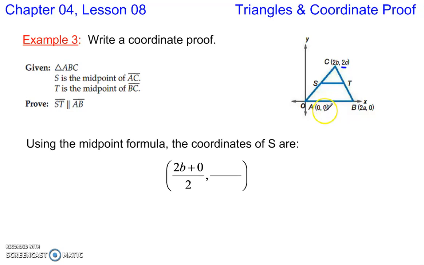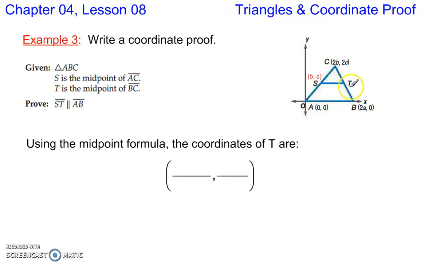Now I want to take the y coordinates, add those, and divide by 2. Once I simplify this, 2b plus 0 is still 2b, divided by 2 leaves me with b. 2c plus 0 is 2c, divided by 2 leaves me with c. So the coordinates of this point are b and c. That's why we use the 2 for these points, because of the midpoint formula.